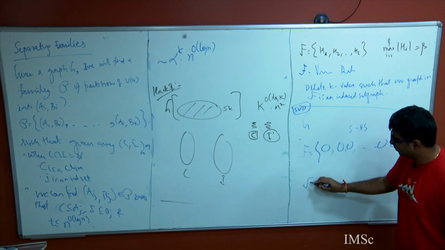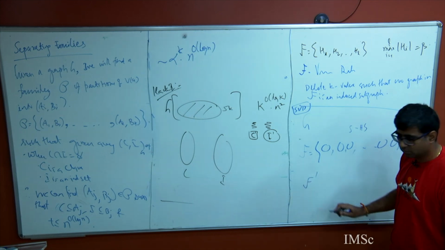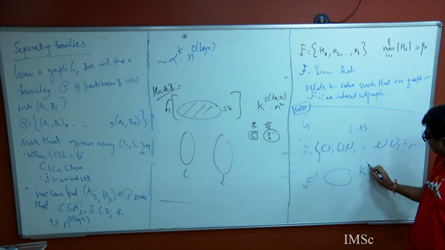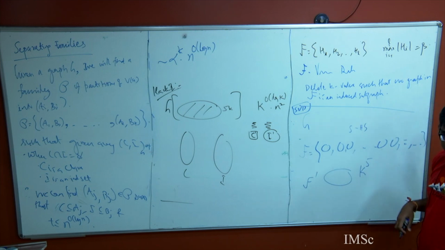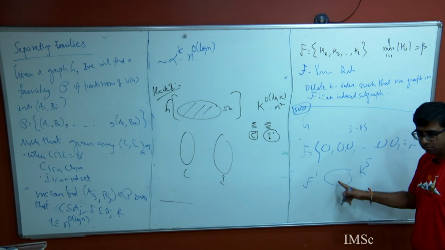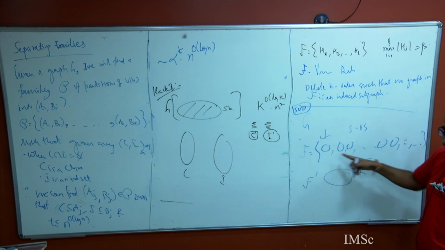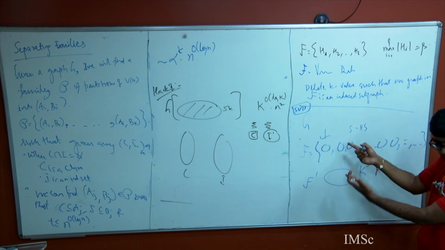So I get some F prime such that the number of sets is bounded by k power 5 roughly. Right? Is that a kernel? All I know is that there exists a solution here, but does that mean that it is a kernel? Do you get my point? Look, I reduced this problem to some family problem. I got a kernel for 5 hitting set.